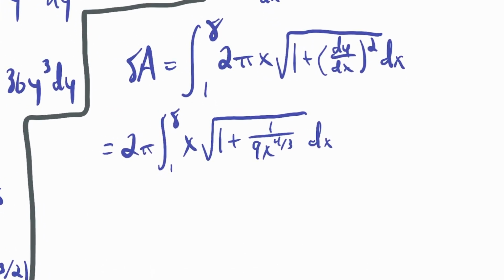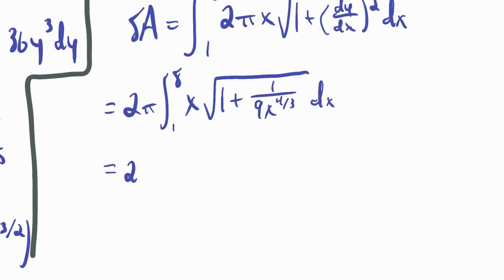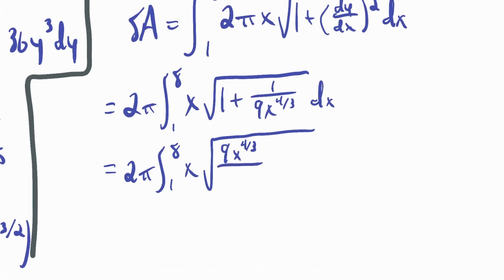Okay, so I'm going to go ahead and try to combine this into one fraction. So this is 2 pi times the integral from 1 to 8 of x times the square root of 9x to the 4/3 power over 9x to the 4/3 power plus 1/9 x to the 4/3 power dx.